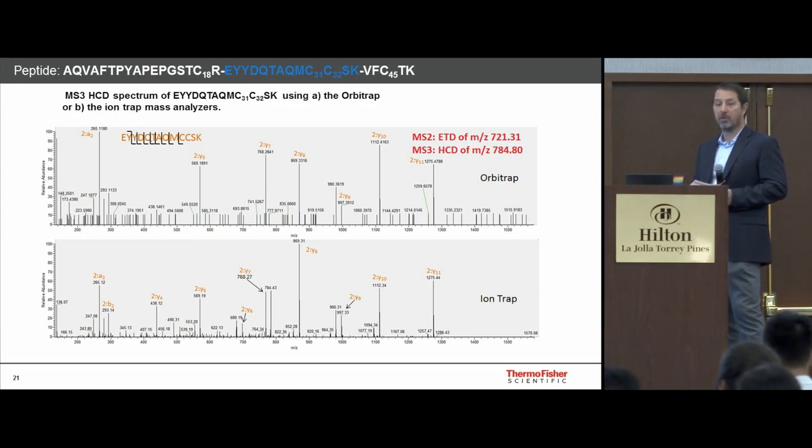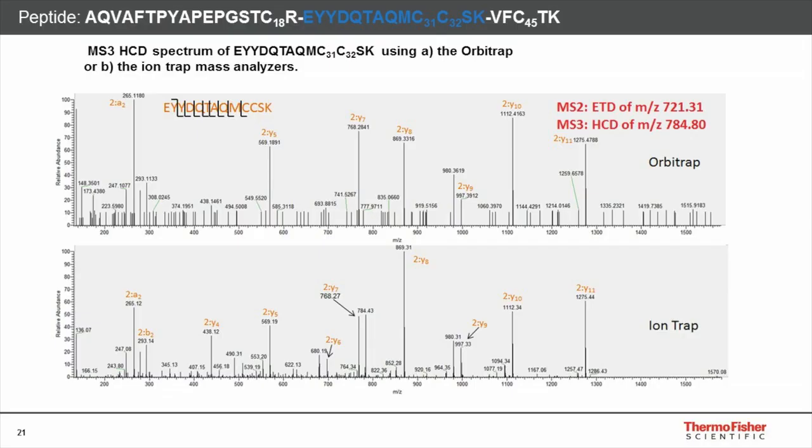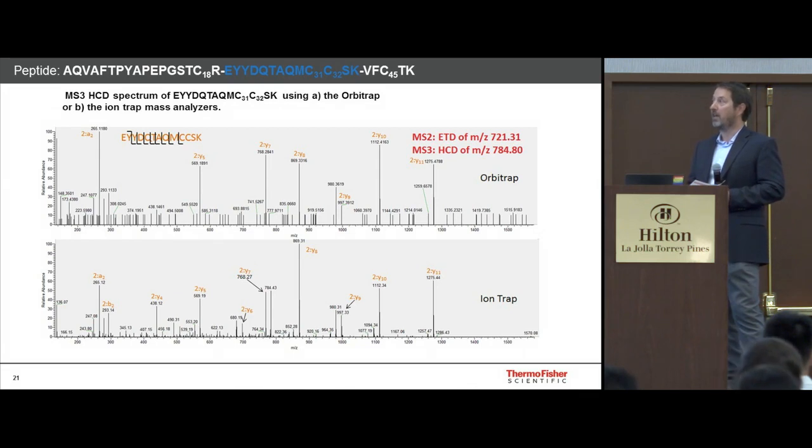So you do it in the ion trap, and you get better sensitivity. You actually get a few more ions, and even in the ion trap, what you get was very, very nice. You actually have very nice fragmentation, and you have a lot of y ions. So even in the case where the peptide has a low intensity, when you do this MS2, MS3 technique, you get very nice and pure spectra for your disulfide bond peptide.